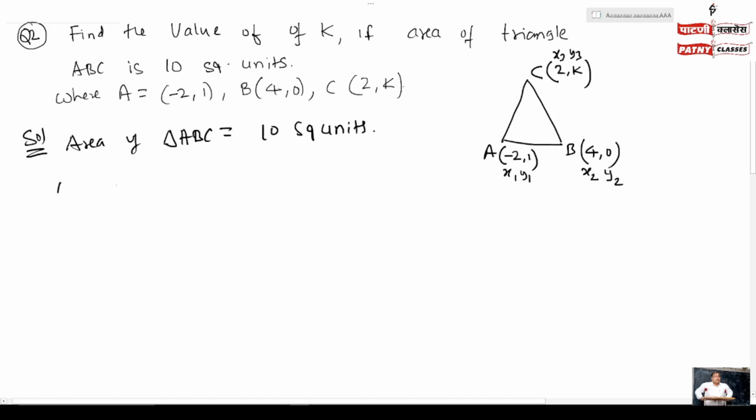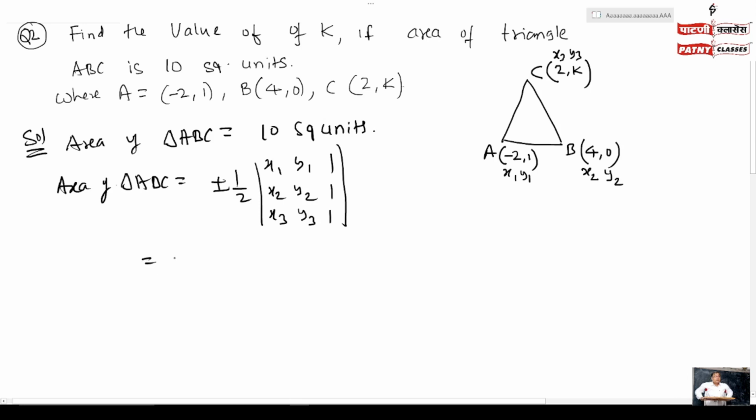Now area of triangle ABC also by formula is plus or minus half determinant x1, y1, 1, x2, y2, 1, x3, y3, 1, which equals plus or minus half determinant minus 2, 1, 1, 4, 0, 1, 2, K, 1, and this area equals 10 square units as provided in the given question. So what we do now, we expand it.